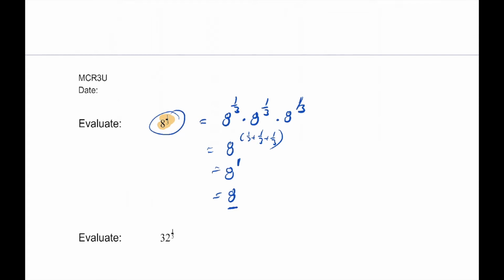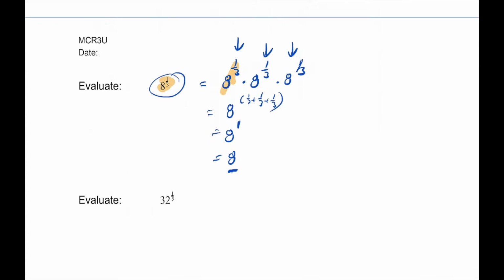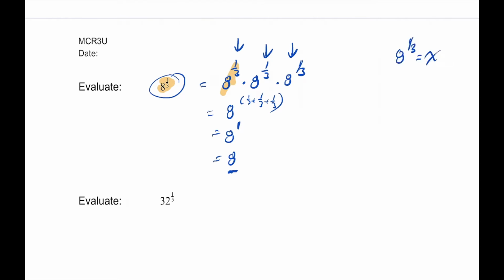In other words, just one of these, because each one of these has the same value. We don't know what that answer is, but they have the same value. But we're going to multiply it by itself 3 times, and we're going to get the answer 8. So fundamentally, if we say 8 to the power 1/3 is equal to x, whatever that is, if we take x times x times x, that's going to equal 8.